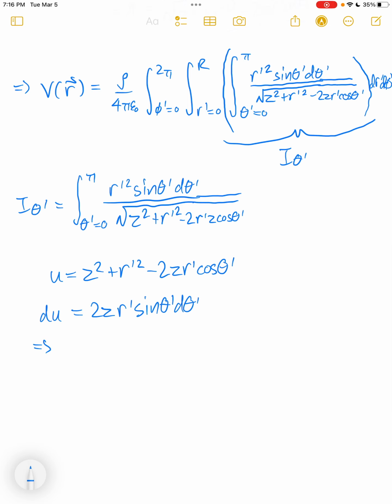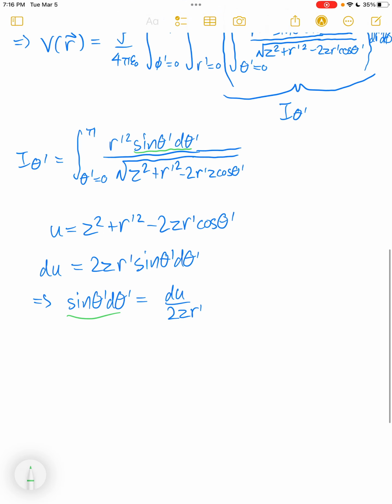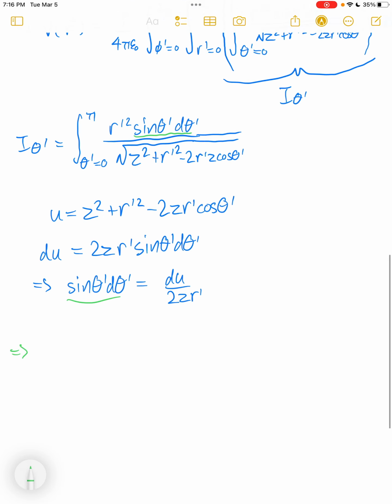Now we can rewrite this and say that sine theta prime d theta prime is equal to du over 2z r prime. So nice. We can nicely substitute.